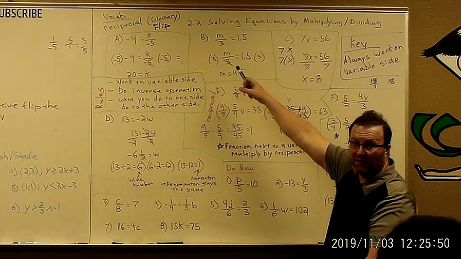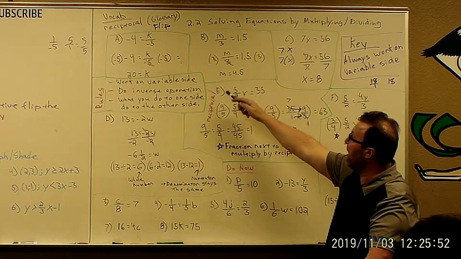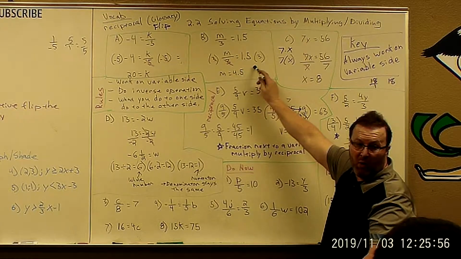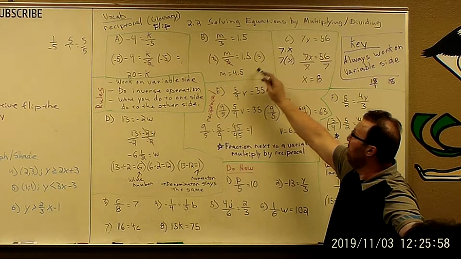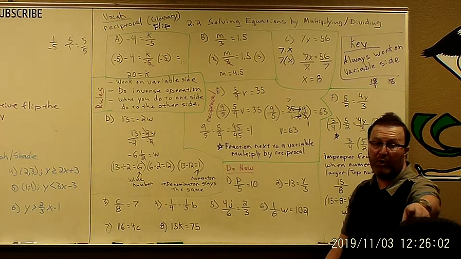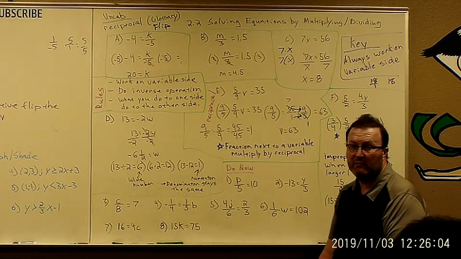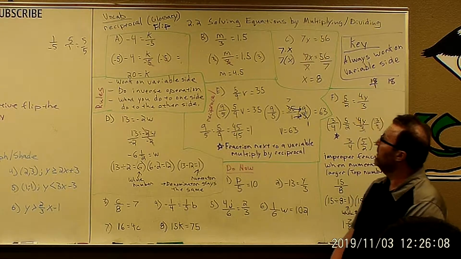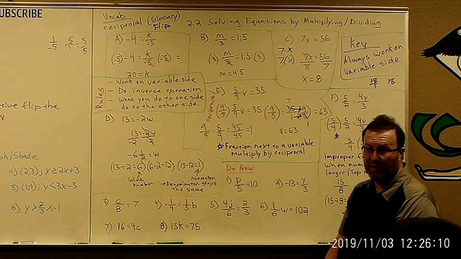That's division. So we're going to multiply by 3. Okay? We multiply both sides by 3, that gets the m by itself. 1.5 times 3 is 4.5, right? If you want, put it in your calculator if you need to see it. Do you want me to show you why?